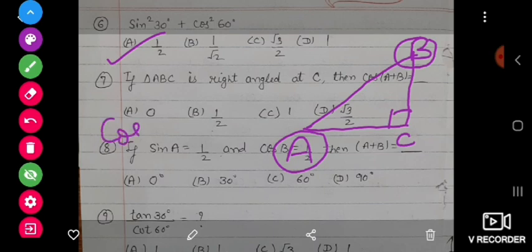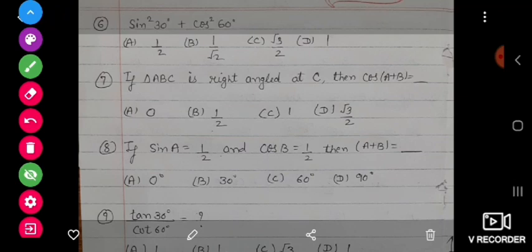So you have to find the value of cos 90 degree. Cos 90 degree is 0. So A is your answer. Come to the next one.